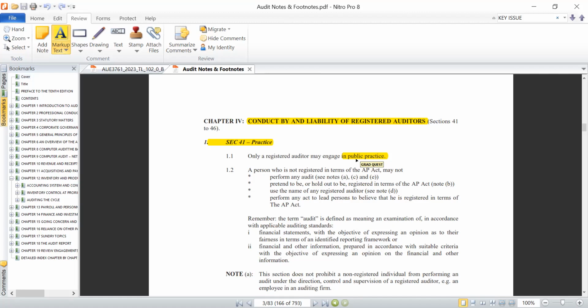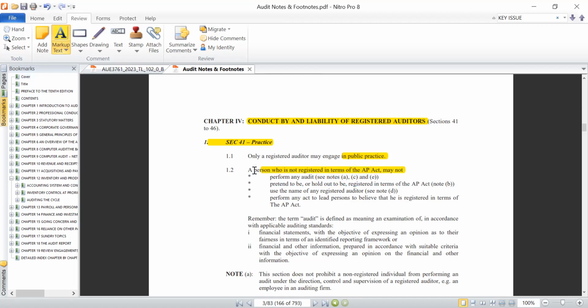If you're not registered as a registered auditor, you are not capacitated. You're not allowed in terms of the APA Act to perform responsibilities for the client unless you have the designation of a registered auditor. Now, what about a person who is not a registered auditor in terms of the APA Act? Here are the things that they are not allowed to do.